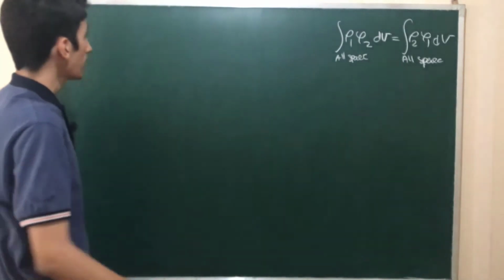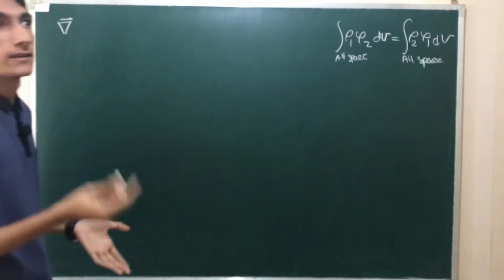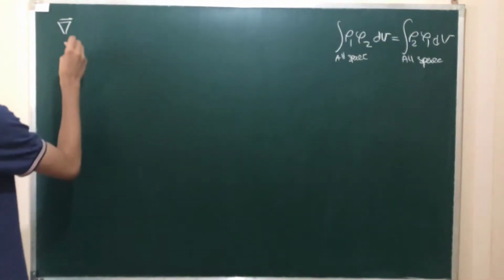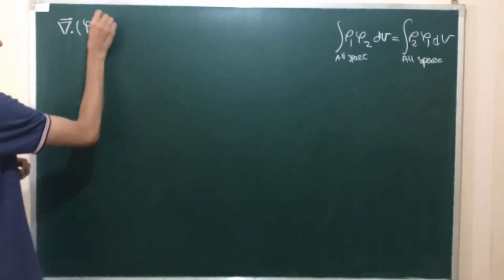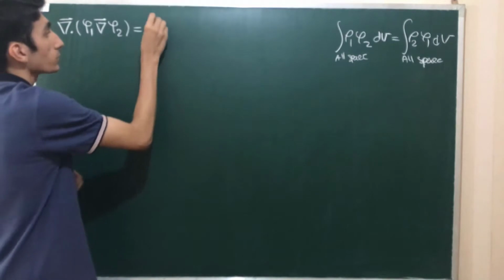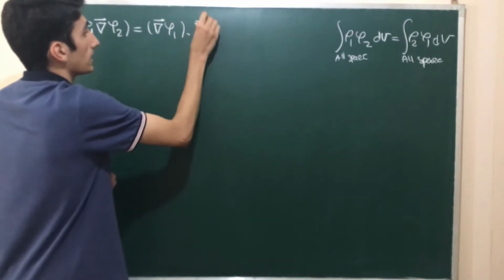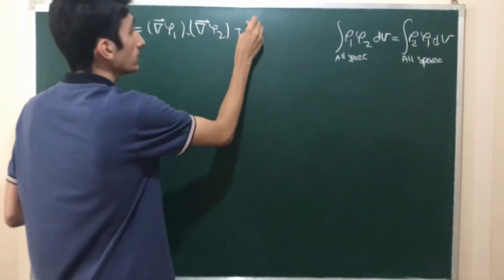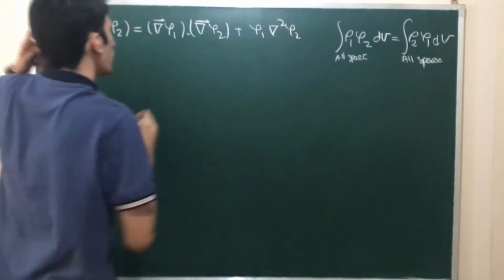At first, I'm going to prove that for any scalar fields like phi 1 and phi 2, the divergence of phi 1 times the gradient of phi 2 is the dot product of the gradient of phi 1 and the gradient of phi 2, plus phi 1 times the Laplacian of phi 2.